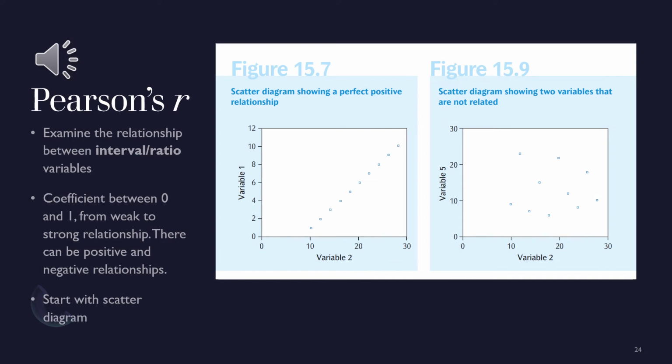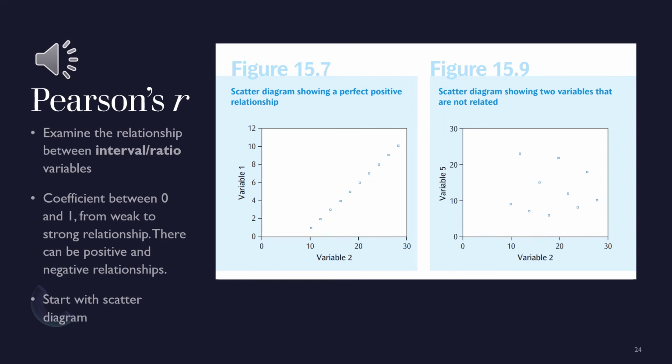Is there a strong relationship between, for example, if you have lower numbers on one, will you have lower numbers on the other? If there's a strong and clear relationship on the scatter diagram shown here in figure 15.7, then you will have a number such as 1. However, if there's no relationship, the number would probably be 0.